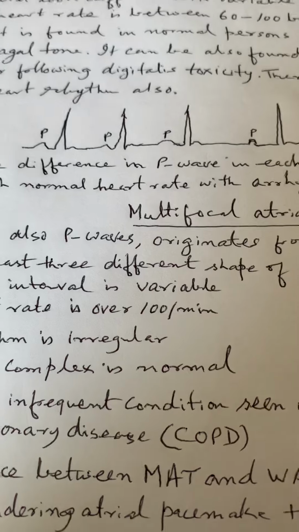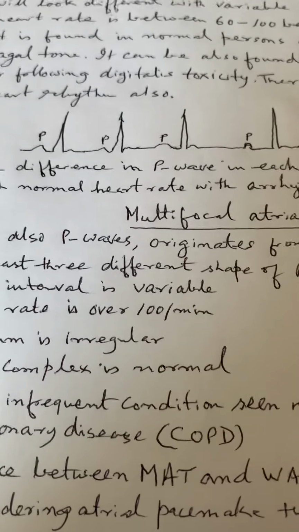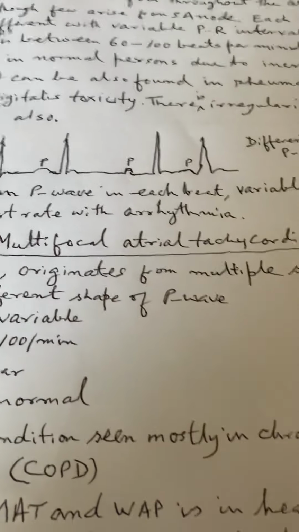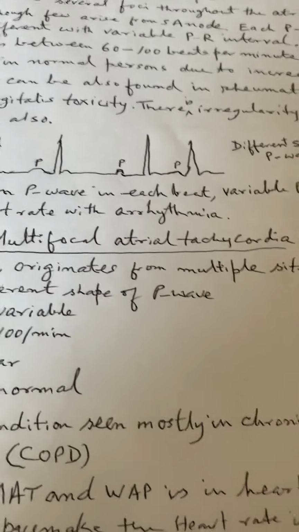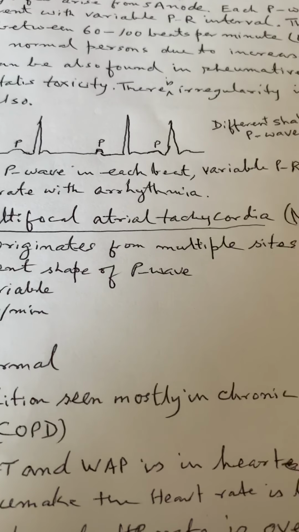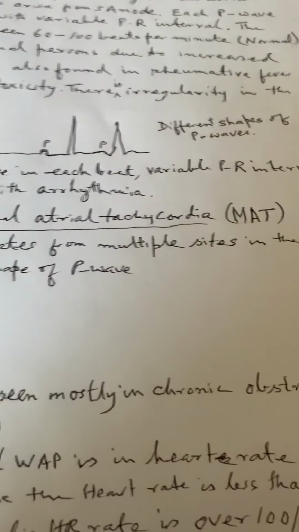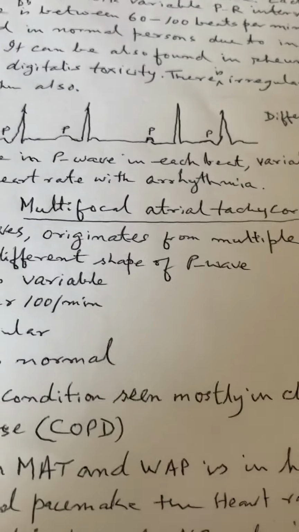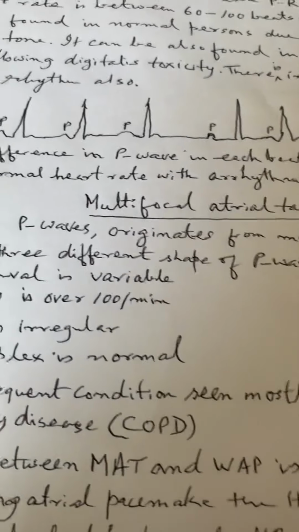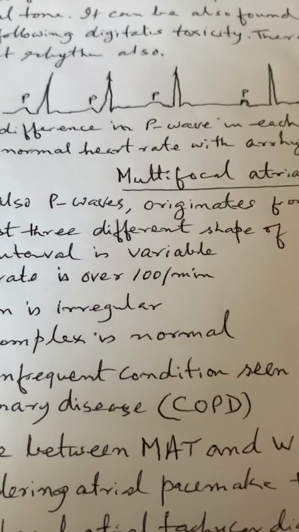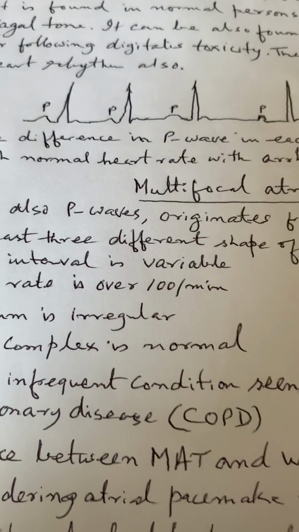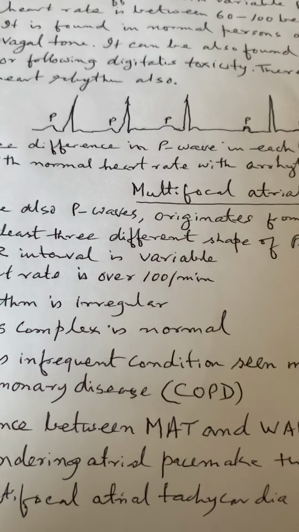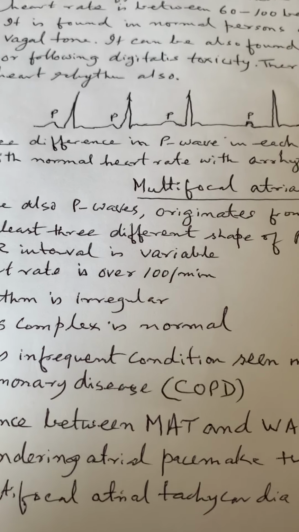See, the first P wave is slightly rounded, the second is slightly small in height, the third is rounded again, then the fourth is a small P wave, and the last one shows a biphasic P wave. So there is a difference in the shape of the P wave because of this. Now, the important thing to remember is that there is arrhythmia, but the heart rate is within normal limits.